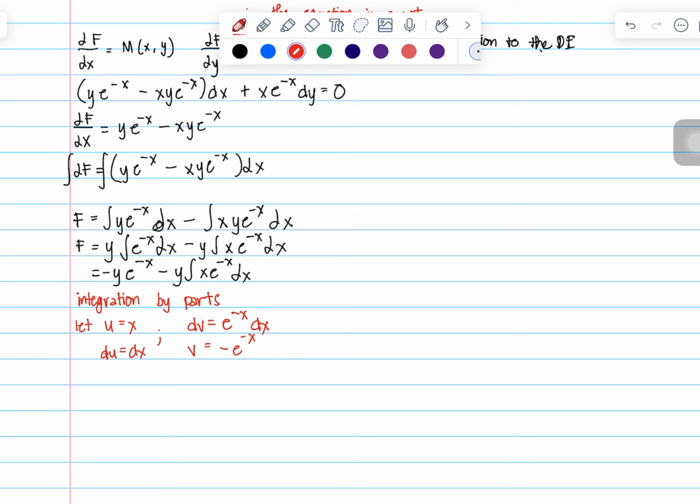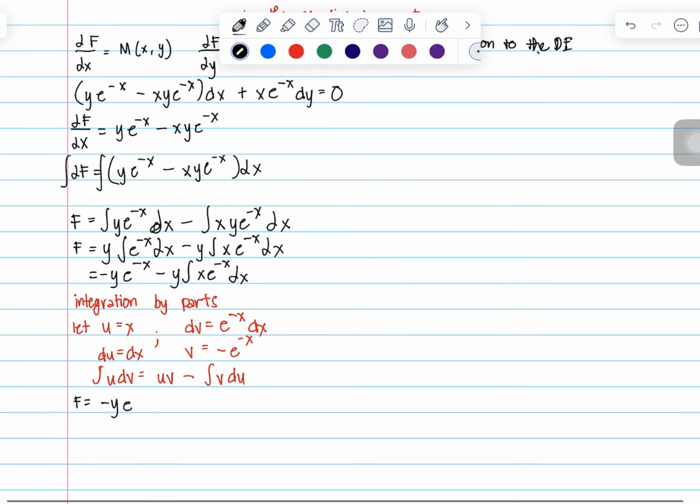All right, so it's the antiderivative of dv. And it is said that the integral of u dv is equal to uv minus the integral of v du. So let's do that, and let's copy the equation. First part.